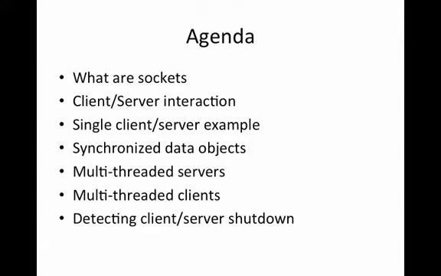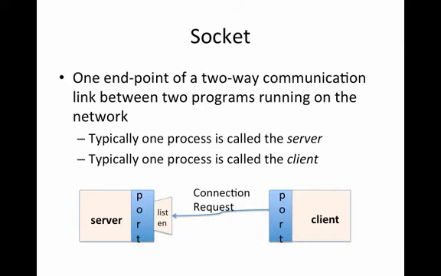Then we're going to talk about how you can add in synchronized data objects so that you can handle multiple threads or multiple clients. Then we'll be moving on to multi-threaded servers that handle multiple clients and multi-threaded clients. And finally, we'll talk about how to detect client and server shutdown so that you can exit gracefully.